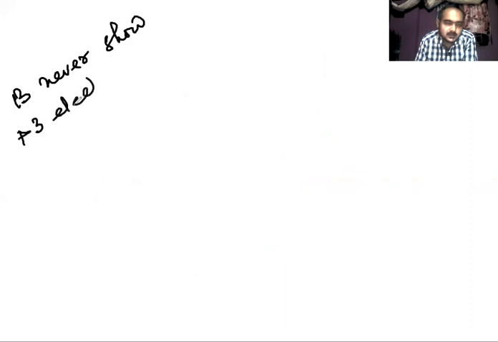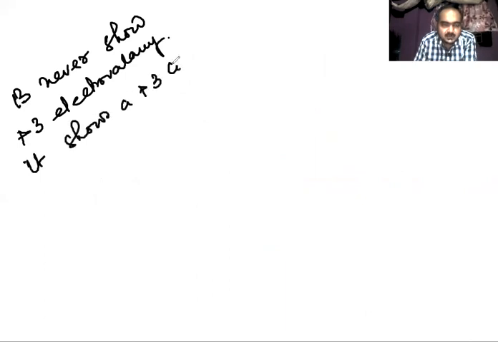Now you can see boron never shows plus 3 electrovalency. It shows a plus 3 covalency, meaning you cannot see that B3+ is present here.